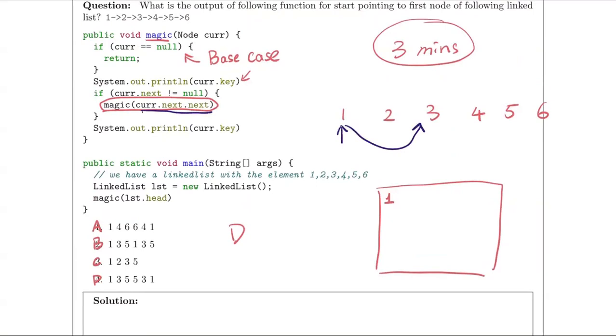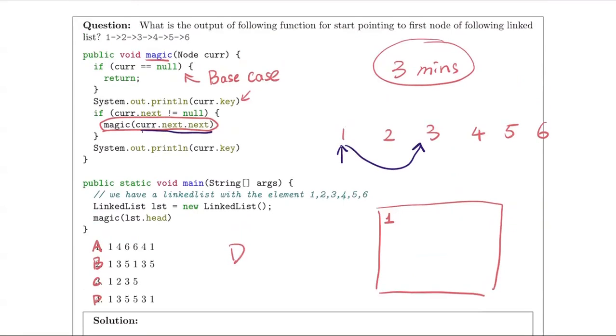In the second recursion of magic, to pay attention, I'm using another color of pen, a purple one. In purple, I also hit this print statement, so I print 3. Since this is still not the last element, I go to the if statement again and still step 2 steps forward.